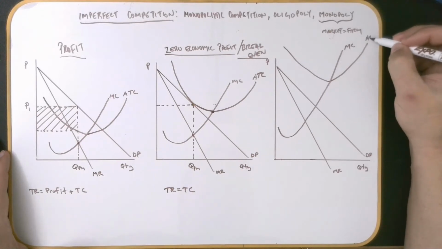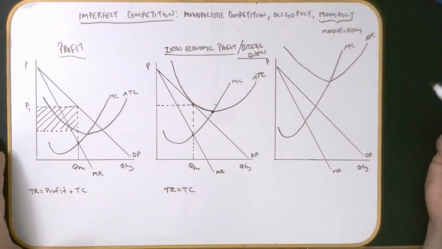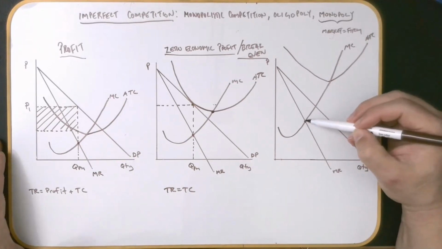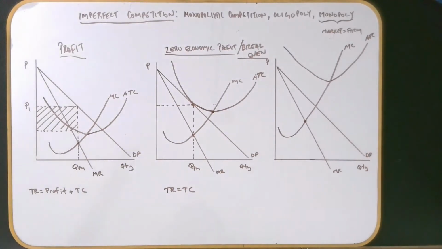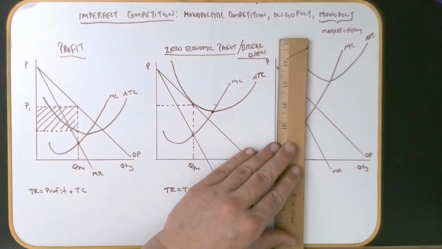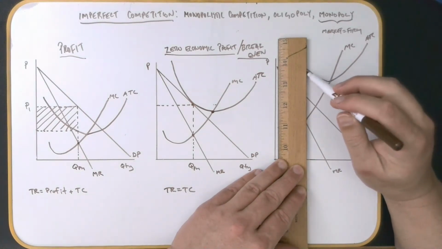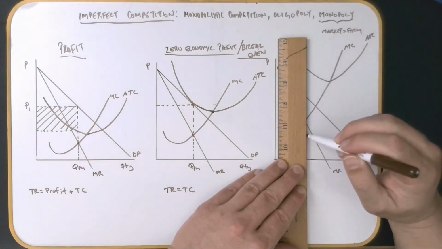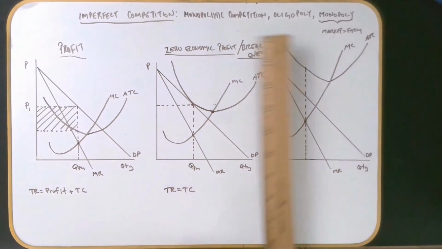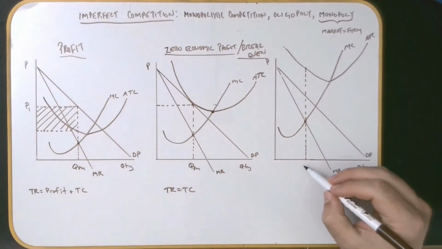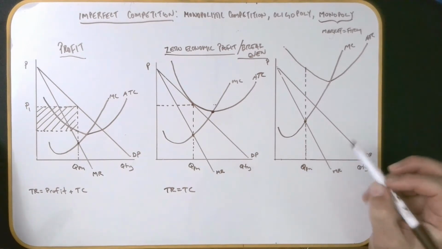So there's my marginal cost. Here is my ATC. And now I go back to my rule. Well, MR equals MC right here. And I'm going to use my straight edge here. And so a nice clean graph. All right. And so there is, again, my quantity of profit maximization.